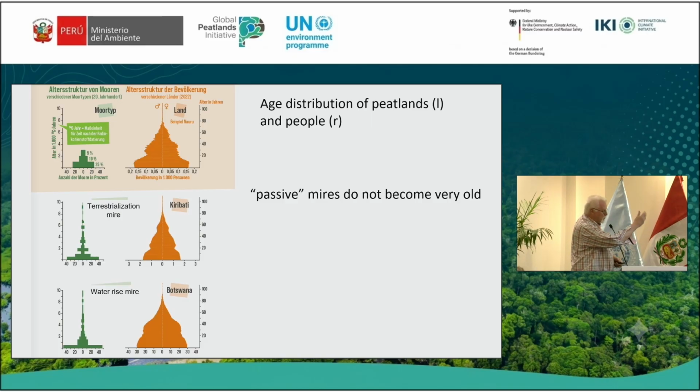You see that the terrestrialization mires that fill up open water have the same age distribution as, for example, a country like Kiribati, and water rise mires, where the water rise is pushed up by external factors, look like Botswana, with very many young peatlands and hardly any old peatlands.